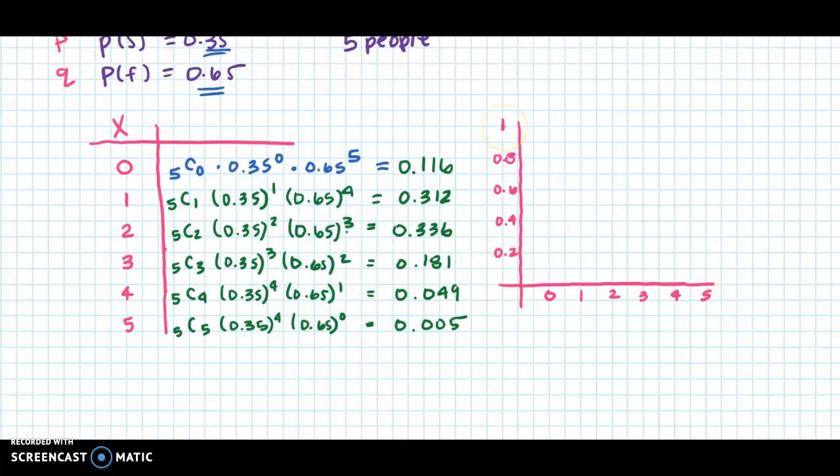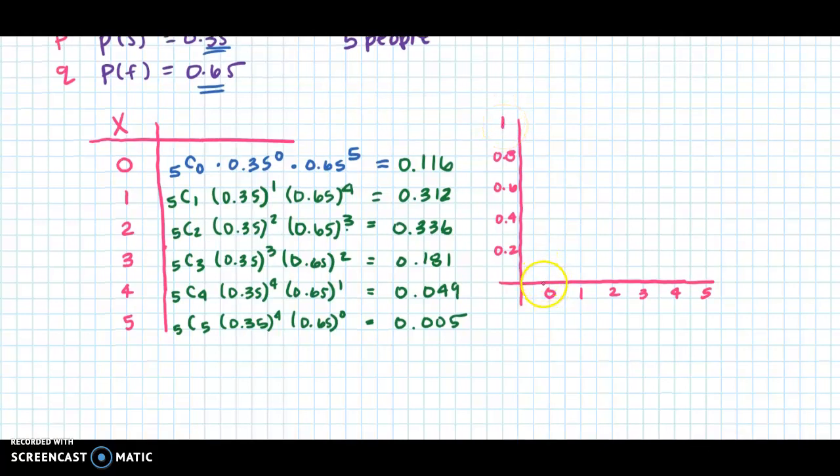So 0 is 0.116, that's just under 0.2. Then 1, 0.3, just over 0.3. And 2, we're almost at 0.4, not quite though. And then at 3, oh wait, sorry, I read the wrong one. At 2, we're at 0.336.